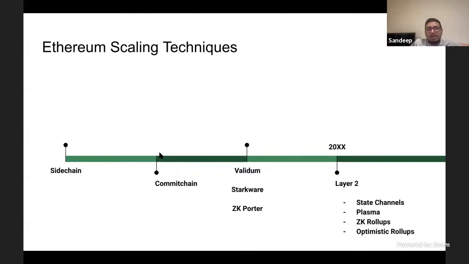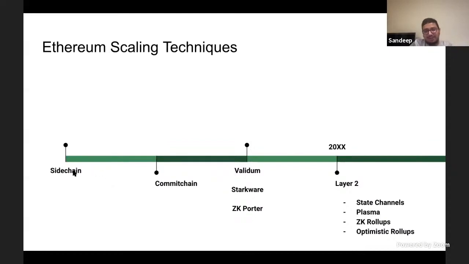When you see this line, consider the left extreme, the sidechain extreme, as completely standalone, which does not depend on Ethereum's security at all. And then the right extreme, which I've posted as layer 2, is completely secured by Ethereum. And there are multiple things in between.